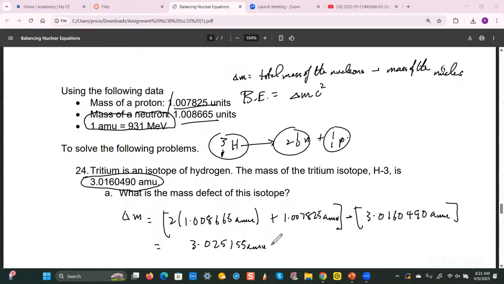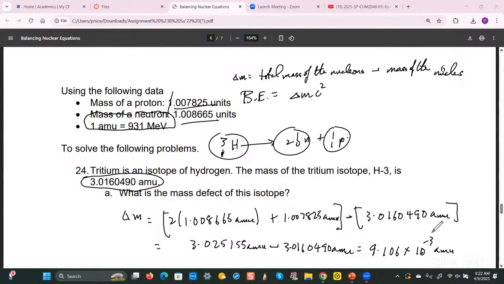And then I'm going to subtract from that 3.0160490 AMU. And when I did that calculation, I got 9.106 times 10 to the minus 3 AMU. All right. So that answers the A part.